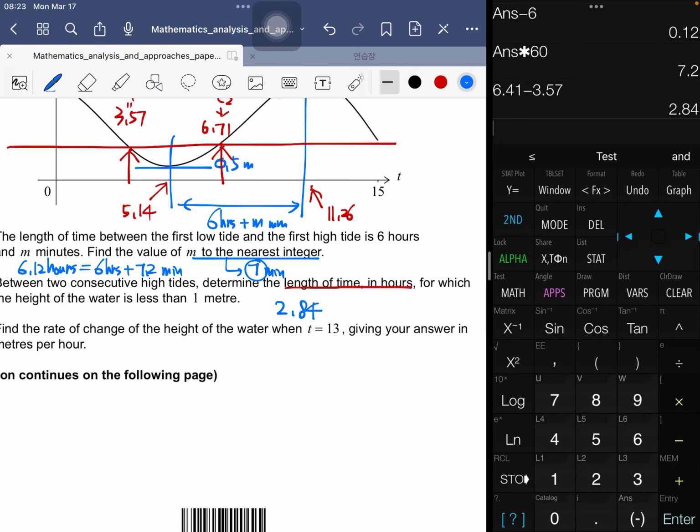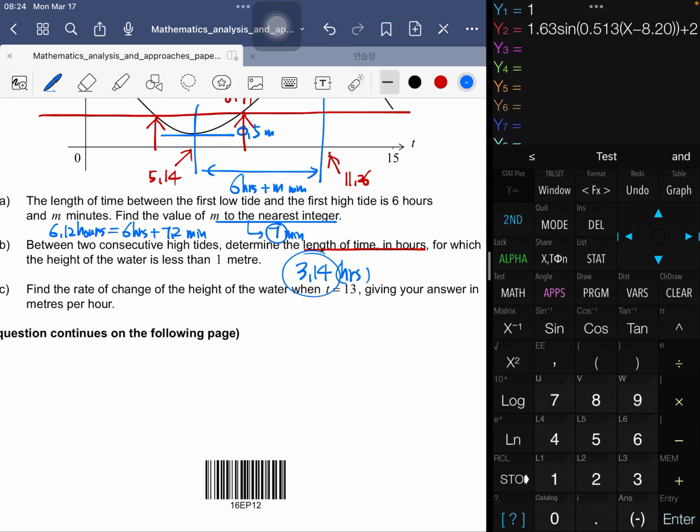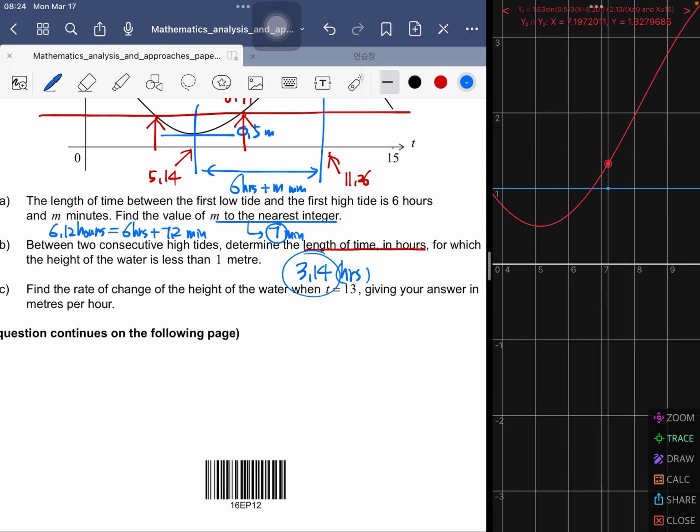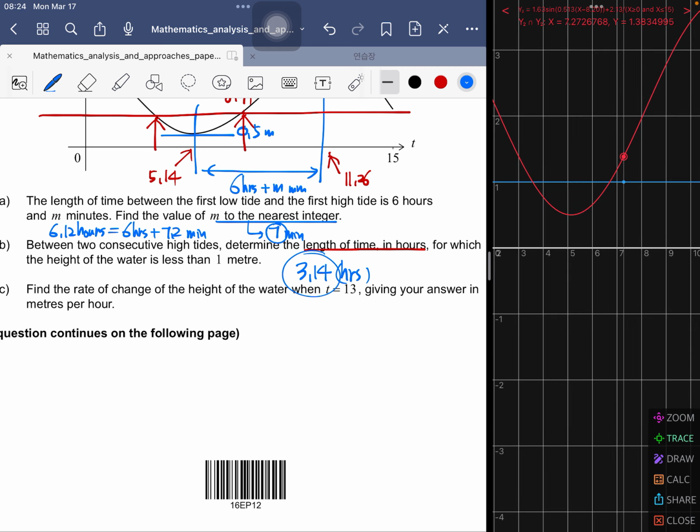This is the second answer. Find the rate of change of the height of the water when t equals 13, giving your answer in meters per hour. Okay, when t equals 13, go to graph and find the rate of change of the height. We need to differentiate the first function.